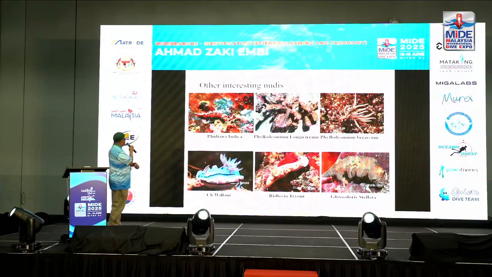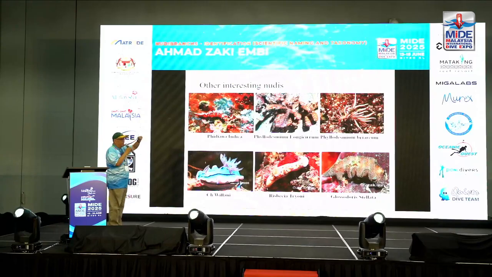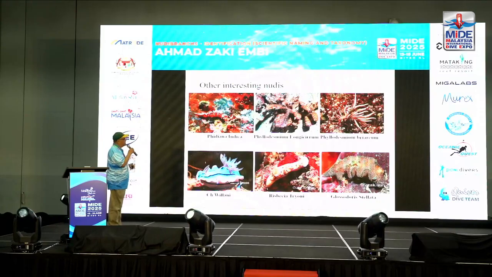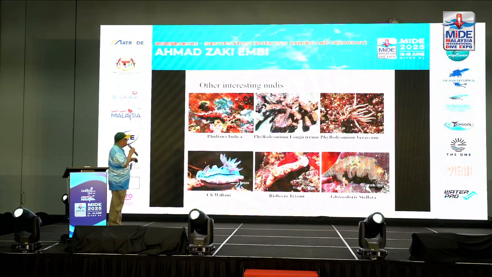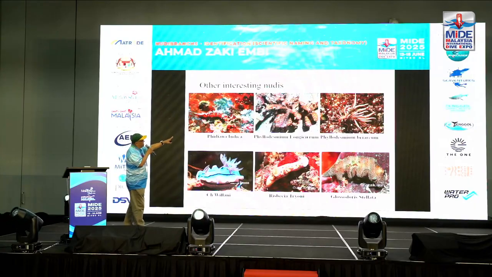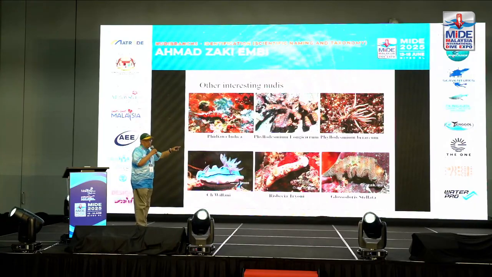Other interesting ones, bright red. These are usually on pillars. So you go jetties and all that, you find the Fidianas along the pillars of the jetty or seawall. The Longichurum actually looks like a coral.